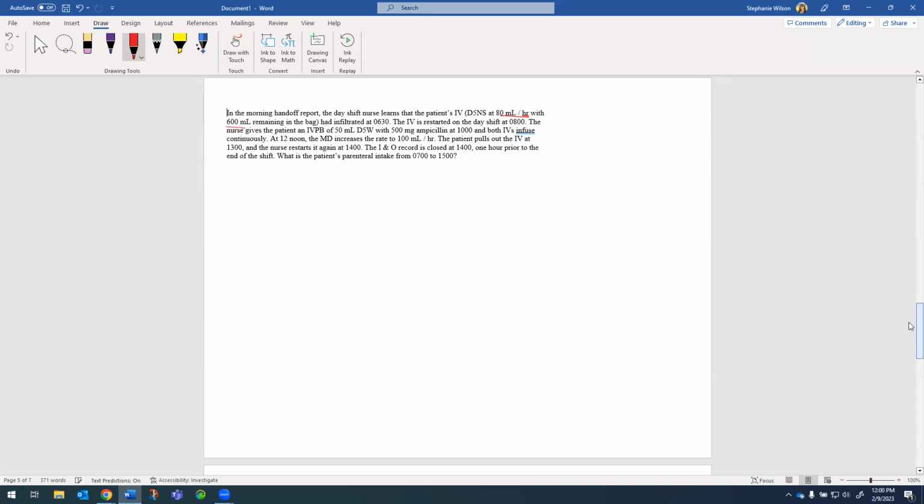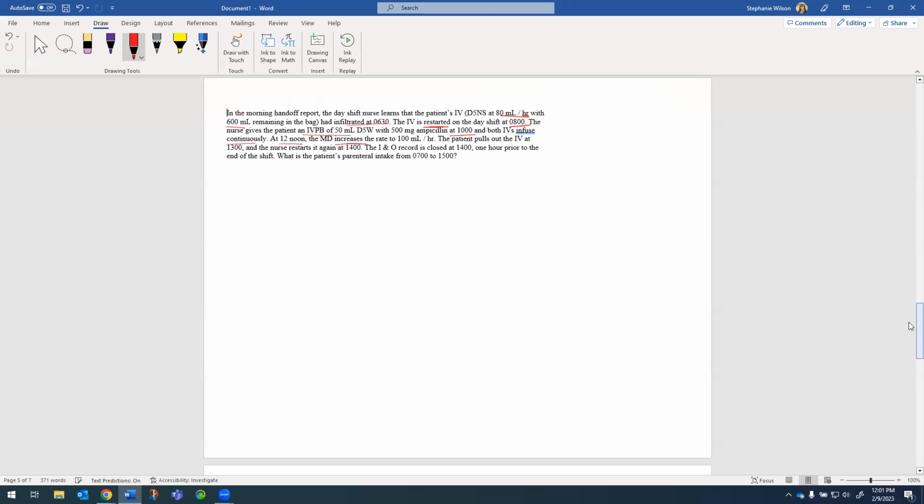They said it felt infiltrated at 0630. The IV is restarted at 0800. The nurse gives the patient an IV piggyback of 50 milliliters of Dextrose 5, which has a strength of 500 milligrams at 10 a.m. So both IV infusions continue at noon.